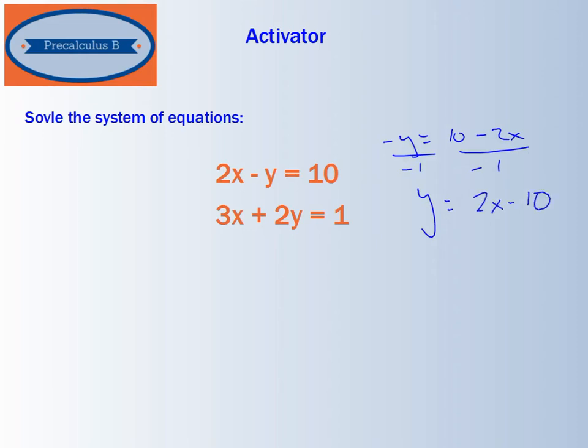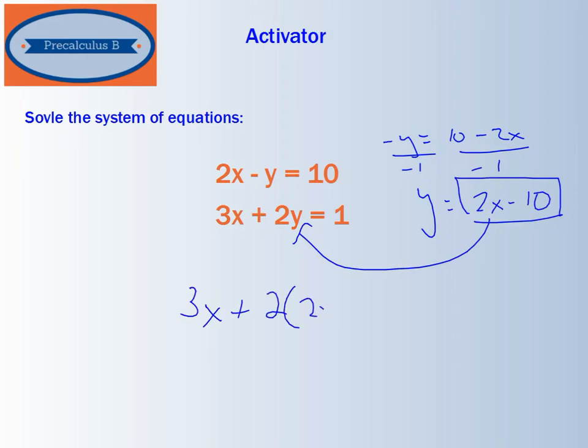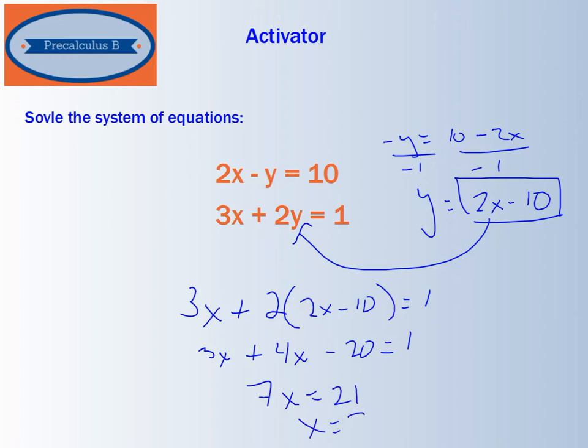I would then take that value for y and substitute it into the other equation. So I would have 3x plus 2 times 2x minus 10 is equal to 1. This would be 3x plus 4x minus 20 equals 1. So 7x is going to equal 21, so x is going to equal 3.